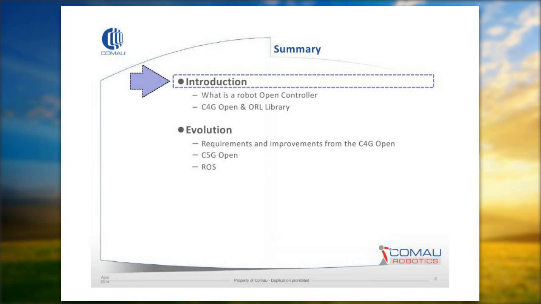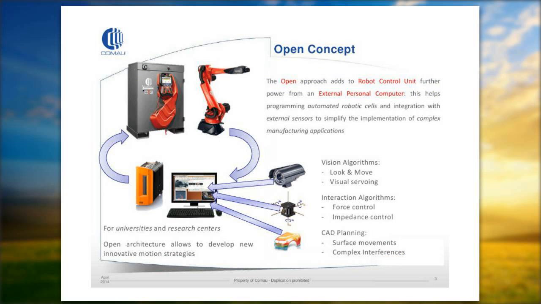Then we go ahead to the evolution of our open controller, starting from the requirements and improvements from the past open platform to go into the C5G Open and then to the ROS integration of our open controller.